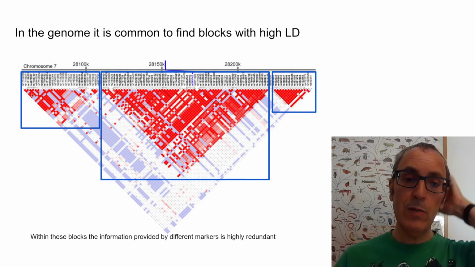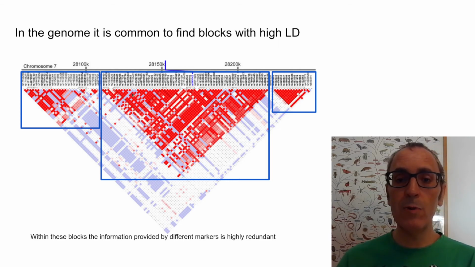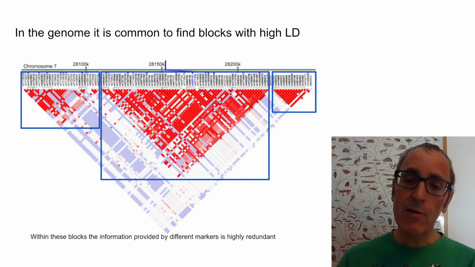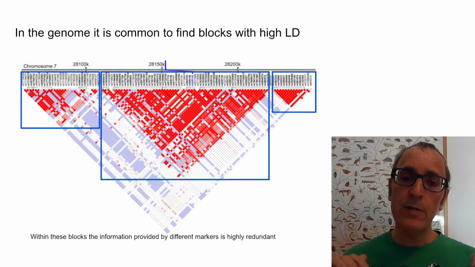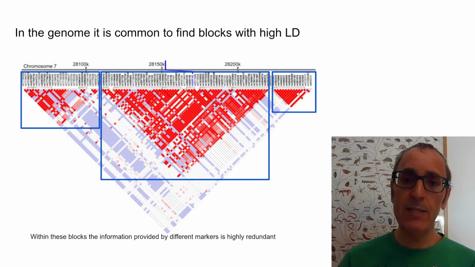There are blocks in which the information of all markers is highly correlated, and then you jump to a new block and the markers are correlated within the block, but not between the markers in the block and markers in other blocks. This is quite common. That depends on where the recombinations have happened in the past.